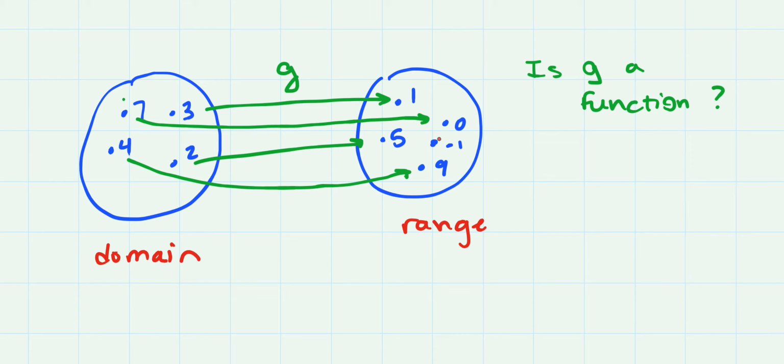Notice that -1 is in the range, but nothing's being sent to it. Is that okay? Is that allowed in our definition? Remember, the definition says that every element in the domain is sent to an element in the range. It doesn't say that every element in the range has an element in the domain that's being sent to it. So this is a function, even though there's something being left out in the range. That's okay. You just can't leave anything out in the domain.